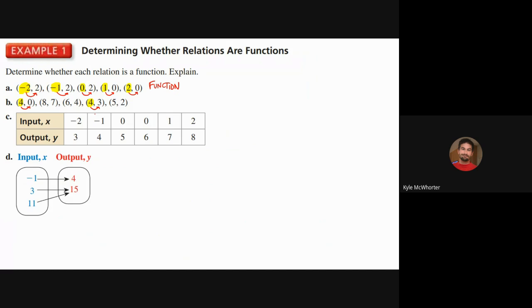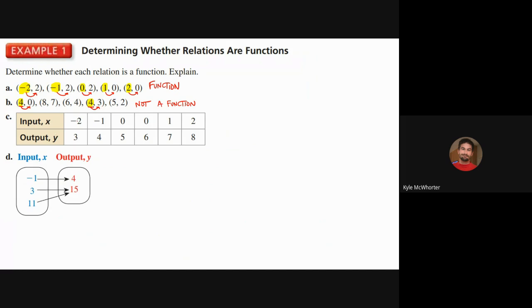We can't have that in a function. So this is not a function. Basically, all you're ever looking for when you're determining if a relation is a function is, do you have one x value trying to get paired with two different y values? That's what we can't have in a function.